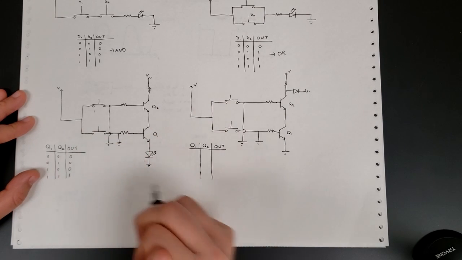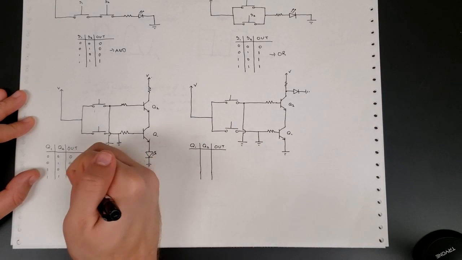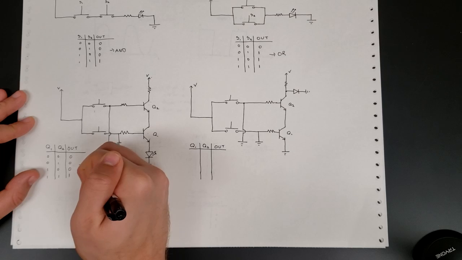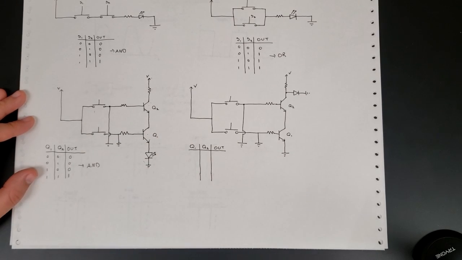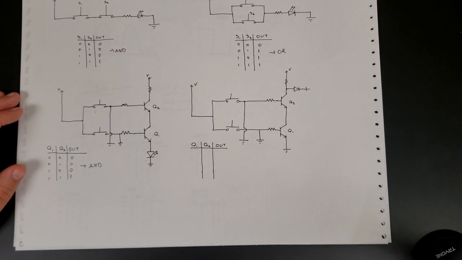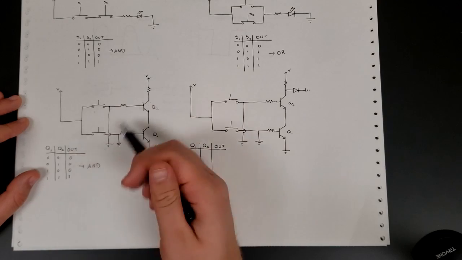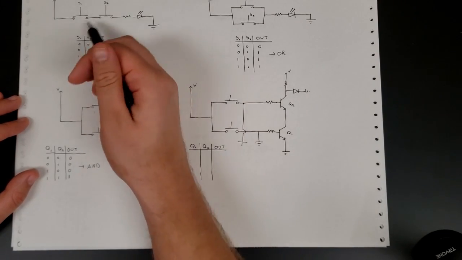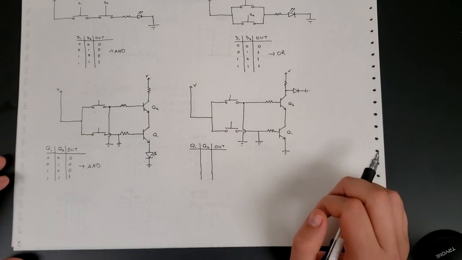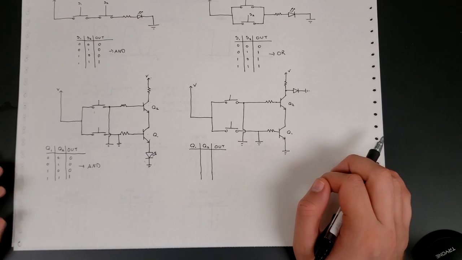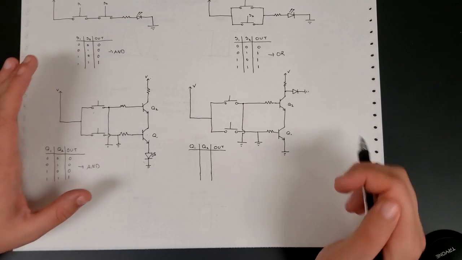So in that case we do have an output, which means, again, this is an AND gate. It's a little bit more complicated way of building an AND gate compared to what we built with just the switches.